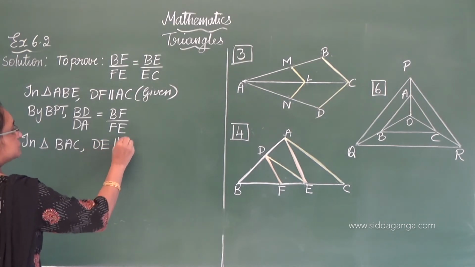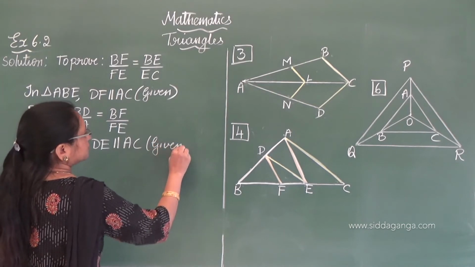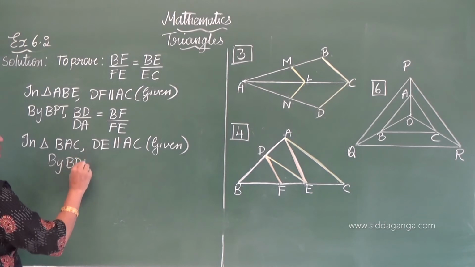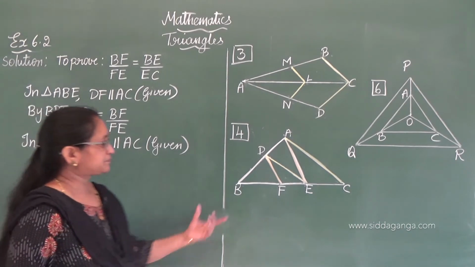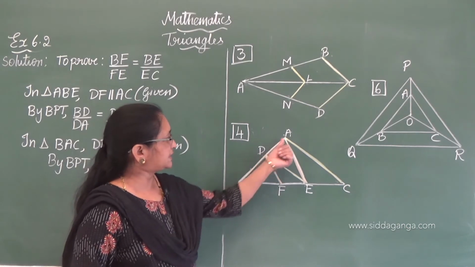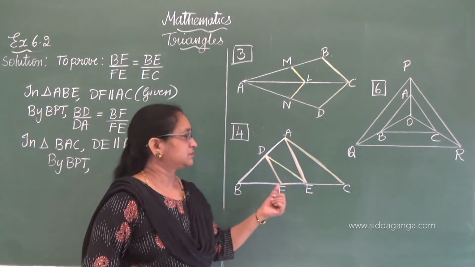DE is parallel to AC. This they have given. Okay. So, by BPT, what we can say? See here, BD by DA is equal to BE by EC. Okay. So, there are two.